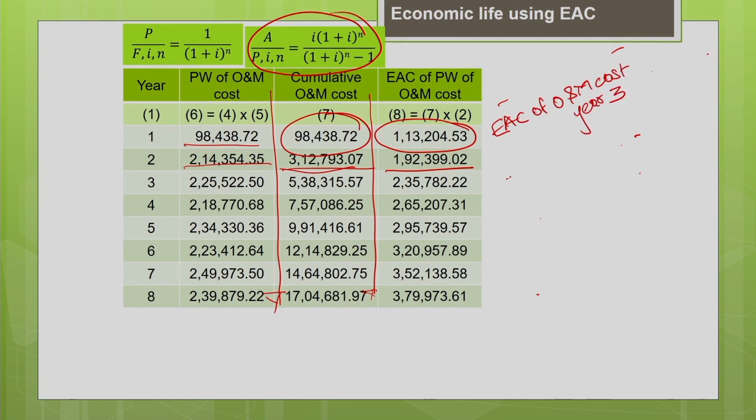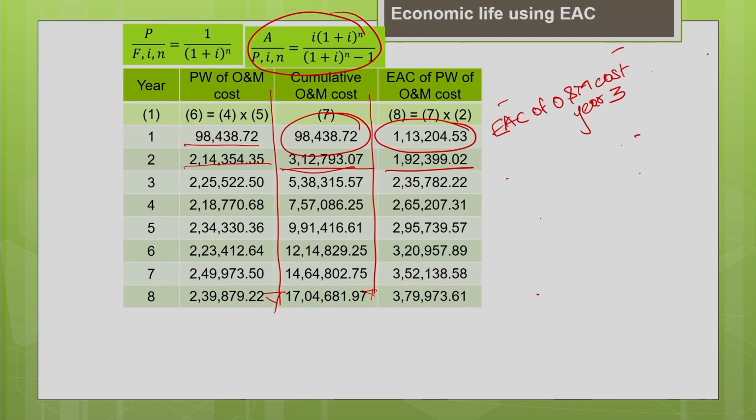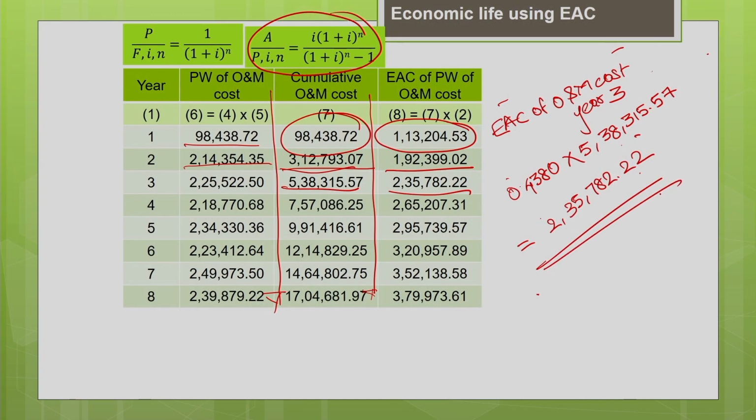The capital recovery factor is 0.4380, multiplied by the present worth 5,38,315.57. That gives me the answer as 2,35,782.22. This is the equivalent annual cost for the third year. Like this, you are going to calculate the equivalent annual cost for the entire useful life of the machine.